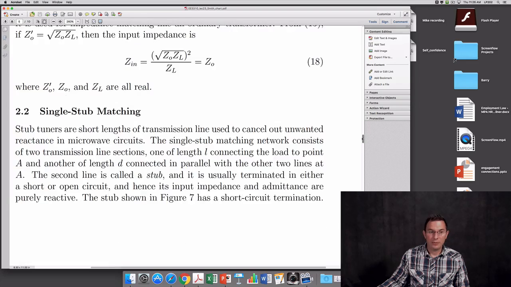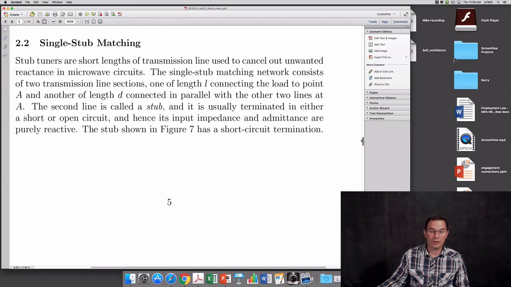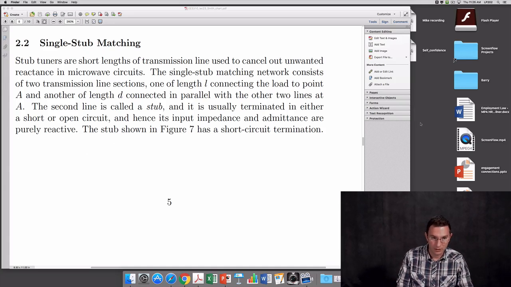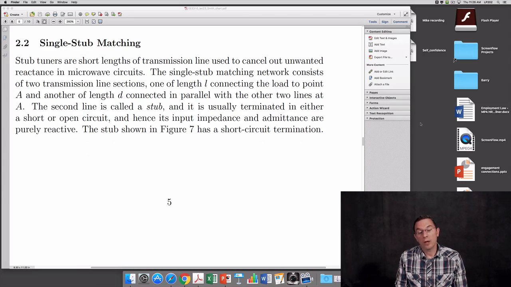Now, oftentimes you don't necessarily have a length of transmission line with the correct characteristic impedance. So we can also match lines to loads using what's called stubs or stub tuners. Stub tuners are short lengths of transmission line used to cancel out unwanted reactance in microwave circuits.